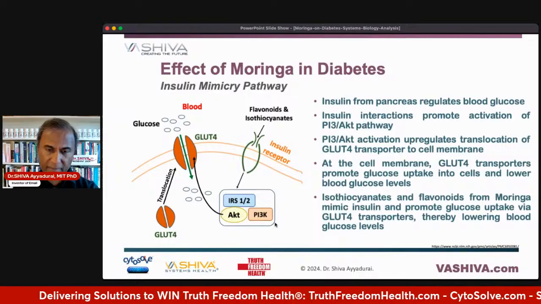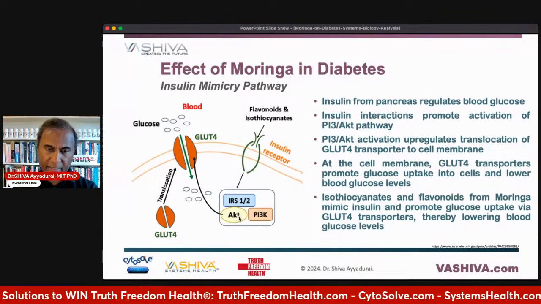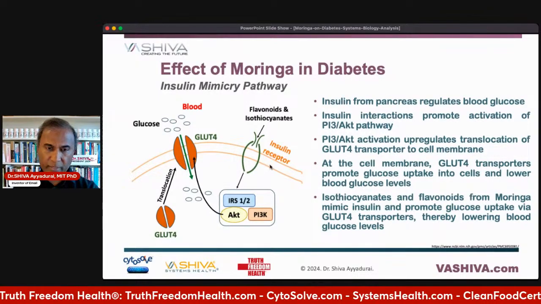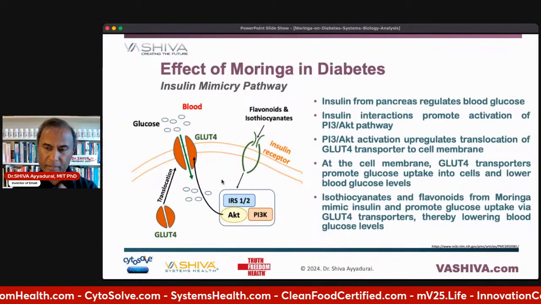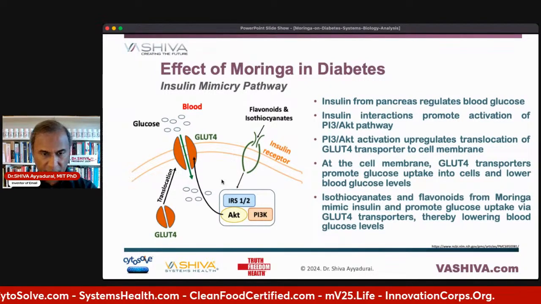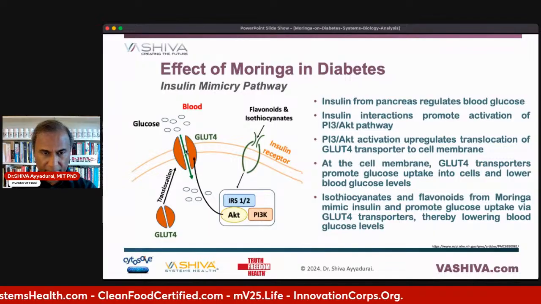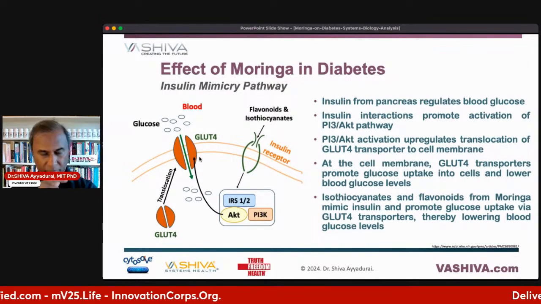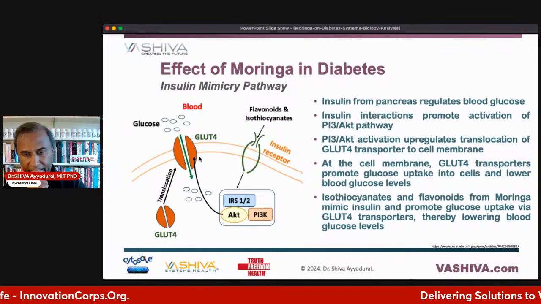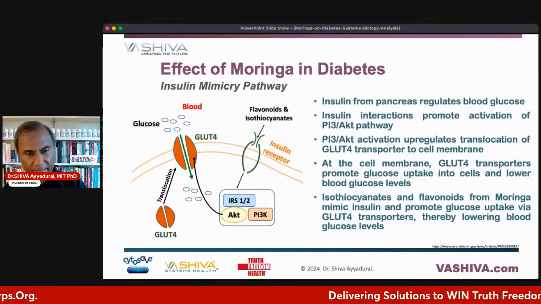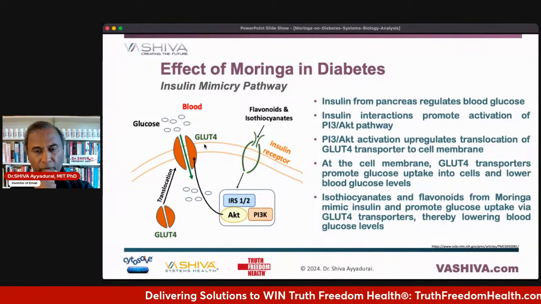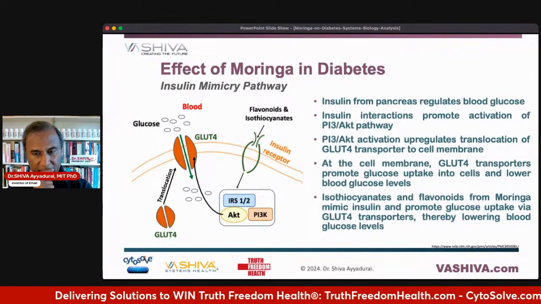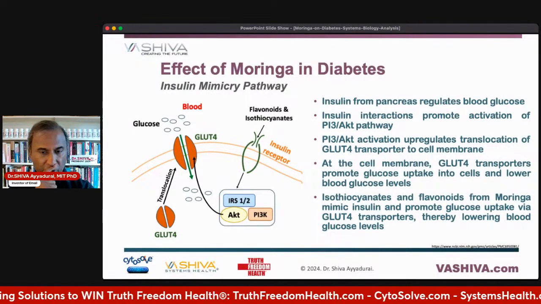When this is activated, it results in the translocation to the surface of the GLUT4 transporters. And at the cell membrane, these GLUT4 transporters promote glucose uptake into cells, and they also lower blood glucose levels.